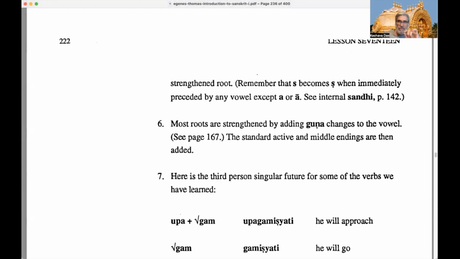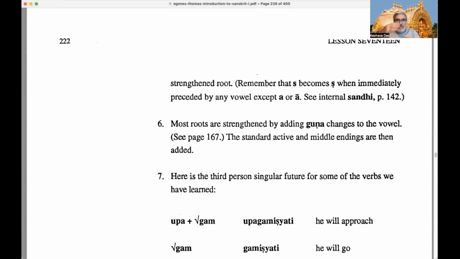So we look back at page 142 and we'll see that there's Sandhi. There's internal Sandhi. So far in this lesson, we're talking about just external Sandhi, which means between two words, but inside a word, between the root and an ending, or a suffix that we put on before the ending.